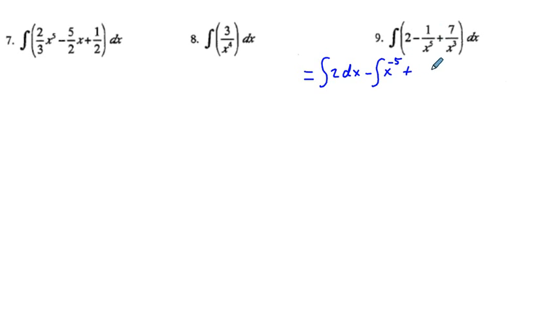Plus, I'm going to take this 7 out front, outside the integral symbol, and we have x to the negative third power dx. And I neglected to put our dx next to this x to the fifth, so let me write this out a little more neatly.